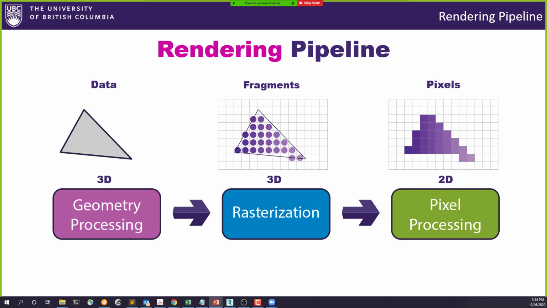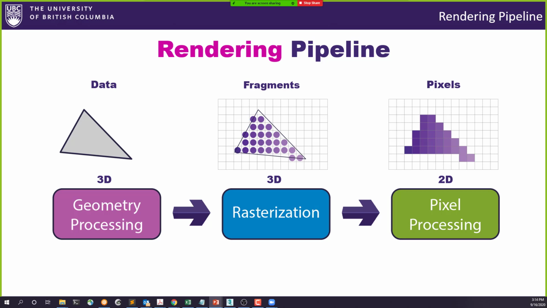Then it will pass that information to the pixel processing, which needs to take several fragments for each pixel and determine which of those fragments is the real final color of that pixel. For example, the depth of those fragments is important.